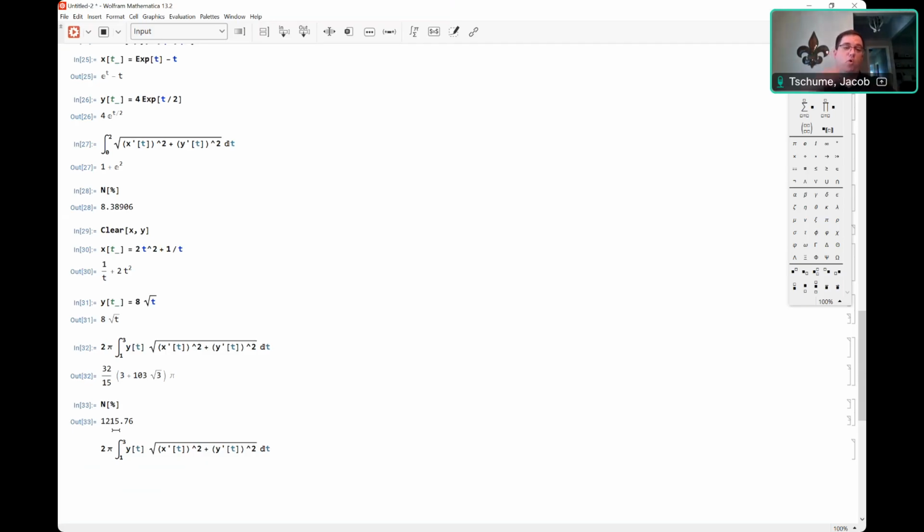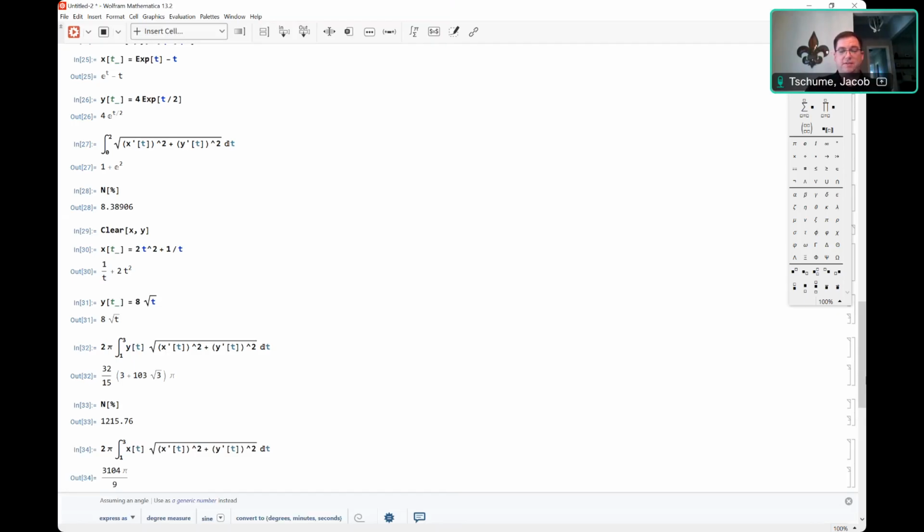This time I want to go around the y-axis. Now the good news in parametric, the only difference is the function that you would put in the front. Because if you're going to go around the y-axis, you need to have an x of t in the front. So I'm going to change that y of t to x of t, and other than that, everything else should be the same. So let's input that.